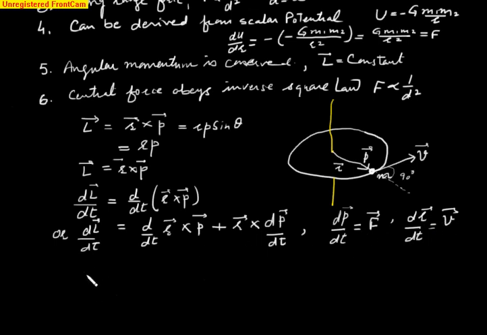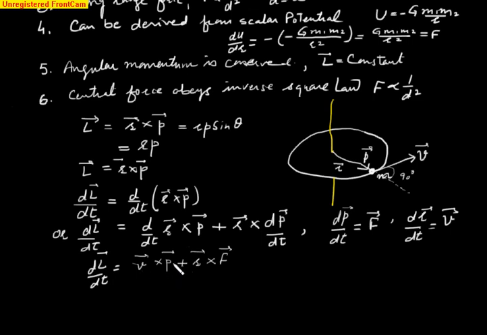If we substitute these two values here, we get dL over dt, the rate of change of angular momentum, is equal to, oh, I'm sorry, here we do not have to write dv by dt because I have already differentiated it. We will write this as v cross p plus r cross, this is our force, that is F.